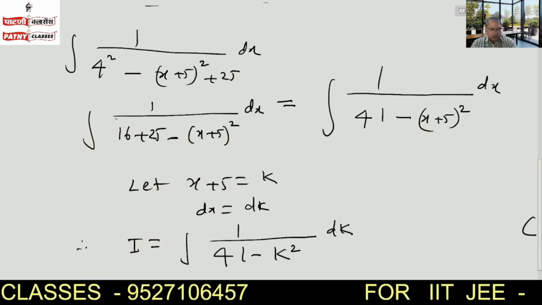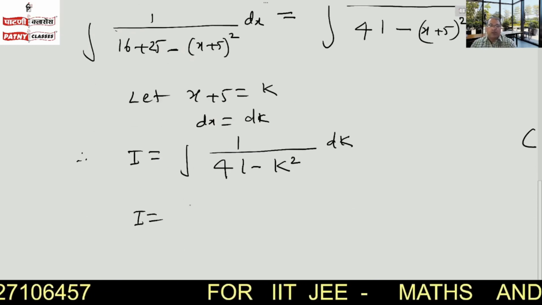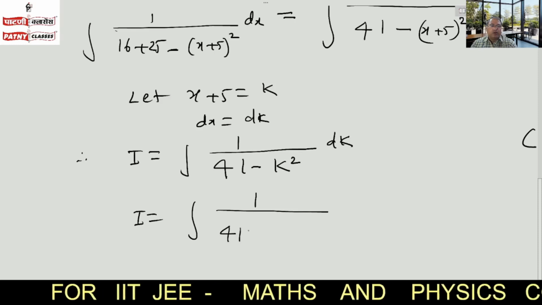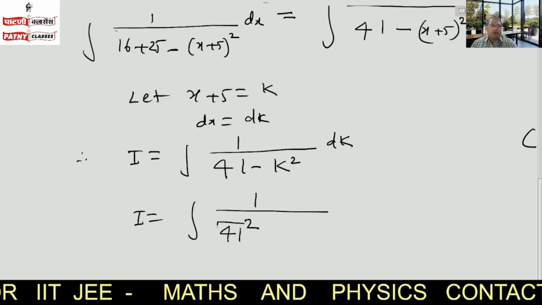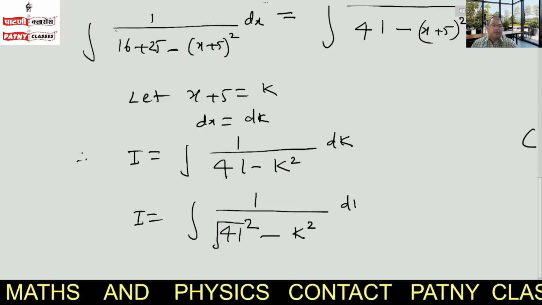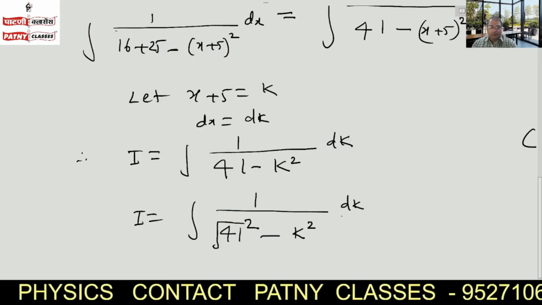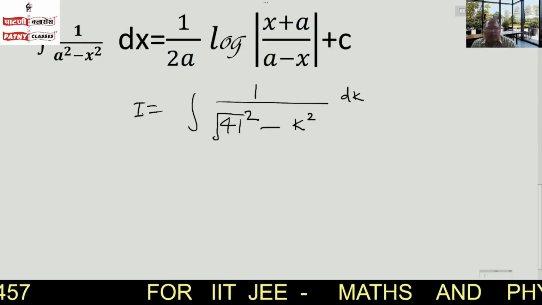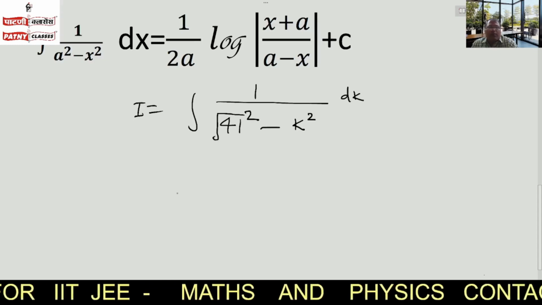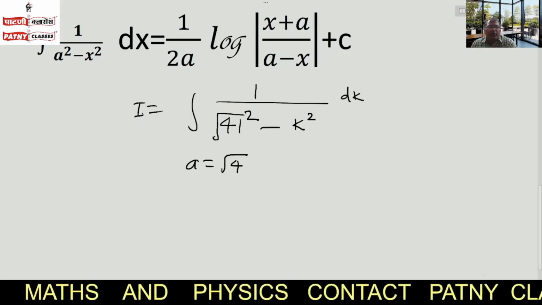Here 41 is not in the perfect square form. To create the square there, what I can do here, root 41 whole square minus k square dk. Now this problem resembles the above formula. So what we can do? Apply the above formula where a equals to root 41.